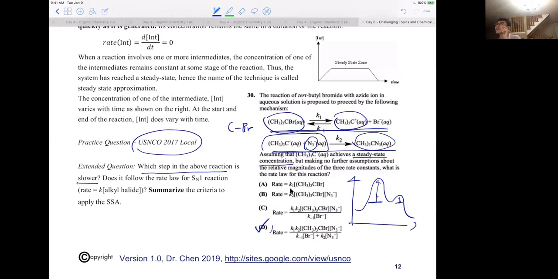Okay, so my next question is, for us to apply the steady state approximation, what kind of criteria should we have? Why can we assume the concentration of the intermediate will not change with time? Yeah, I know the intermediate concentration is almost zero, right? Why is it almost zero?